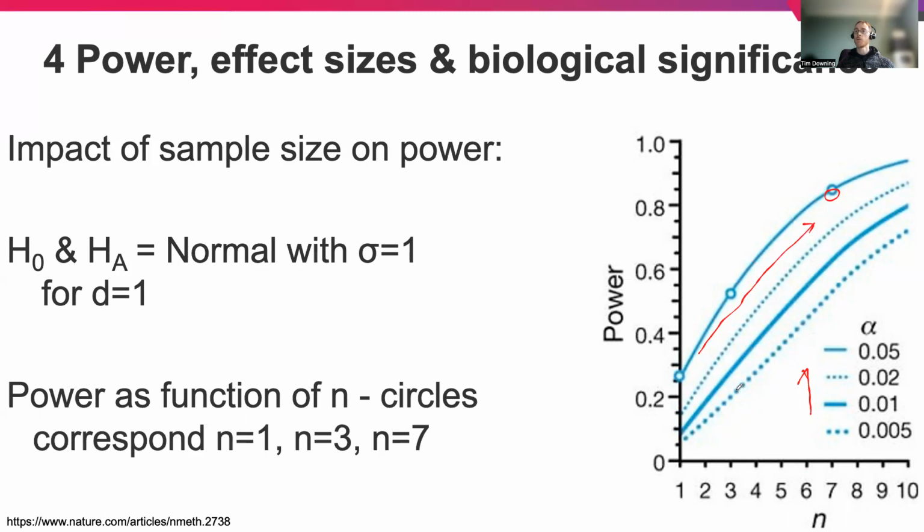In the same way, if we have more stringent alpha, our power will still increase, but note that it's still very small. If we have n equals, say, 6.5, our power would just be 50% for an alpha value of 0.005. And this is all with the very large effect size of d equals 1, which is large in any context.